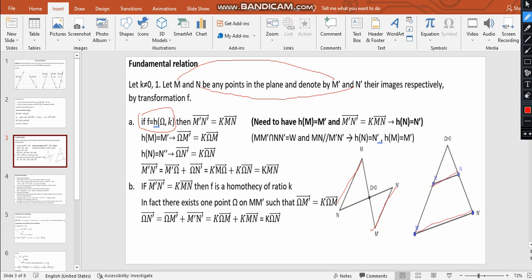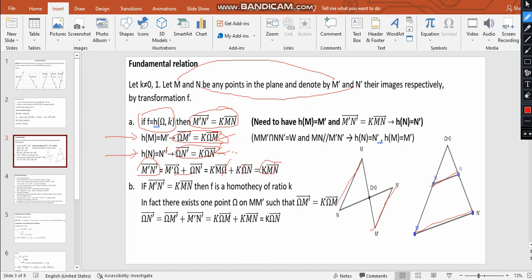Because if H of M equals M prime, we have omega M prime equal K omega M. If H of N equals N prime, then omega N prime will be K omega N. Now I want to show that M prime N prime equals K MN. We introduce omega by Chasles' rule: M prime N prime is omega N prime minus omega M prime, which is K omega N minus K omega M. So if you put K in factor, and by Chasles' rule, it's K MN.